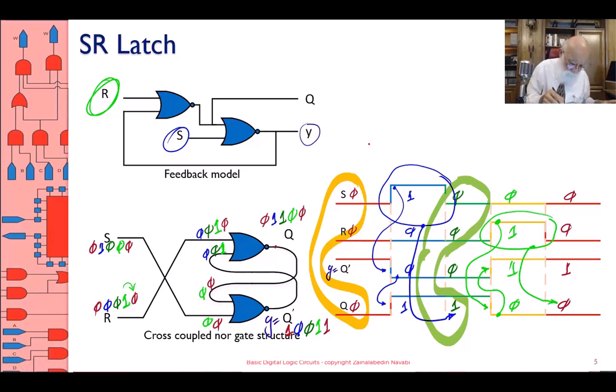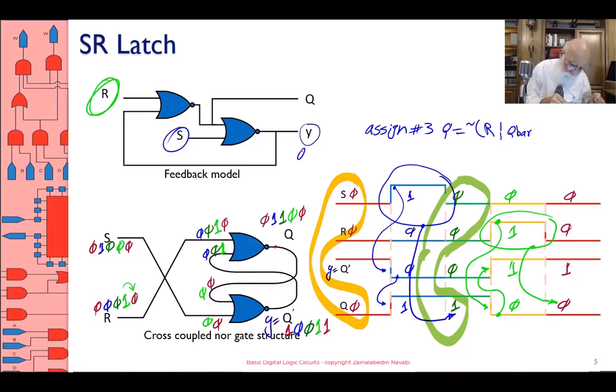I can say assign, sharp sign, let's say 3 nanoseconds, I have to have the delay, Q equal NOR of R, NOR Q bar.